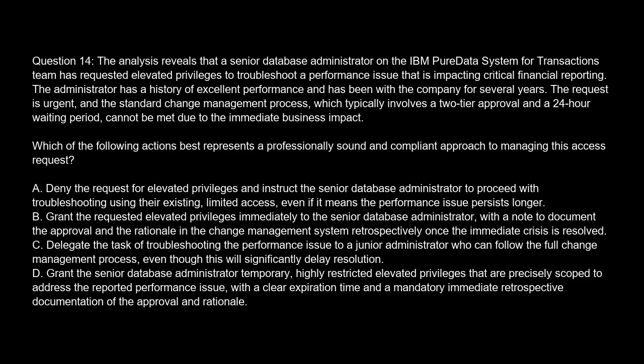Option C. Delegate the task of troubleshooting the performance issue to a junior administrator who can follow the full change management process, even though this will significantly delay resolution. Option D. Grant the senior database administrator temporary, highly restricted elevated privileges that are precisely scoped to address the reported performance issue, with a clear expiration time and a mandatory immediate retrospective documentation of the approval and rationale.